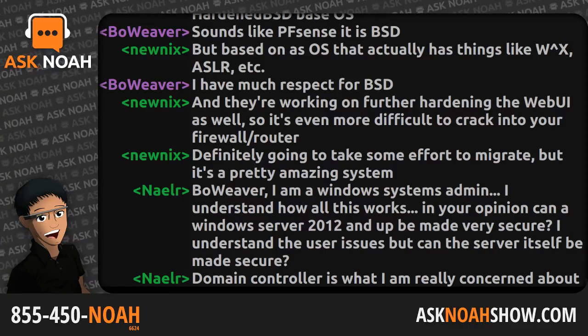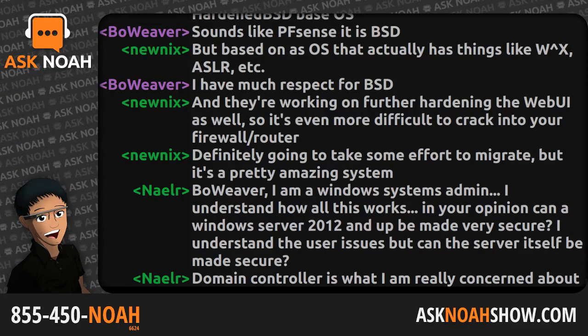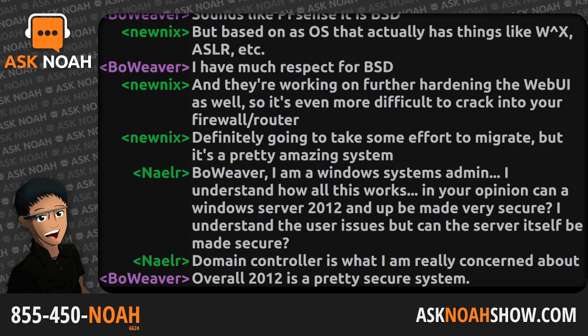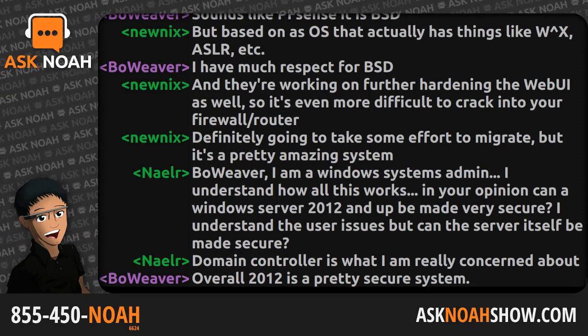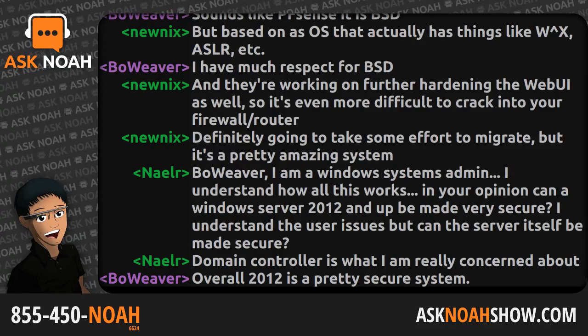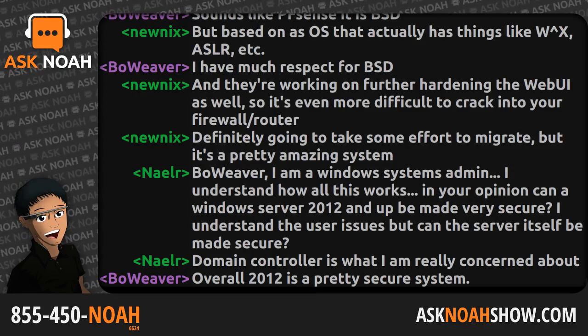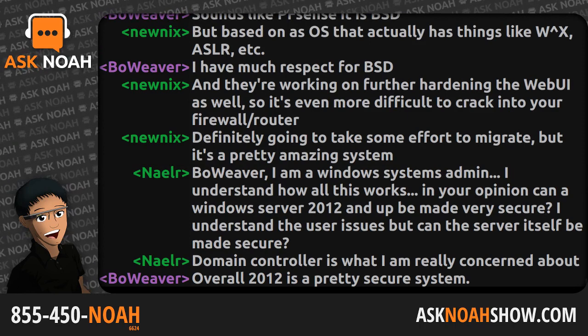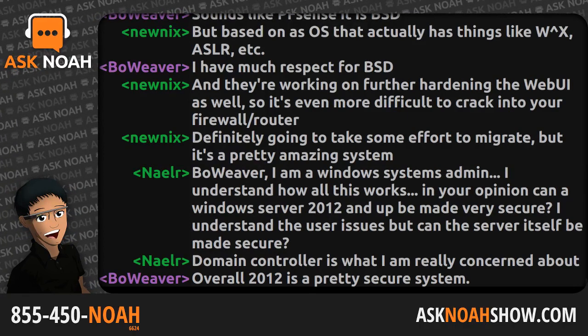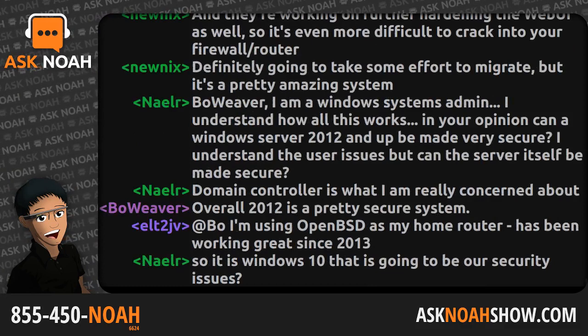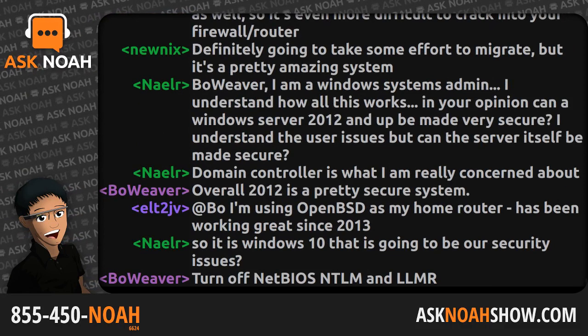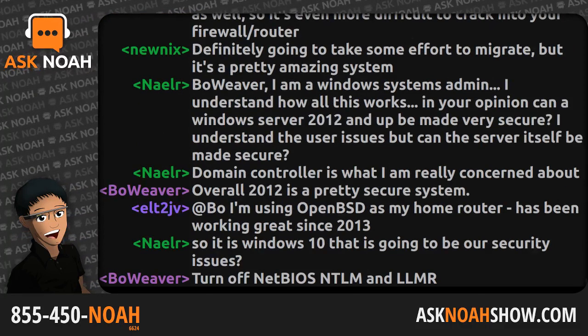Now, Bo, one thing I want to get a handle on is I have said numerous times since episode 1 of this show that I believe Linux is a more secure operating system than Windows, and that assertion has been challenged numerous times by people who have said things like, well, Linux is only more secure because it's not as popular. And if Linux was as popular as Windows, then it would get exploited as much as Windows does.